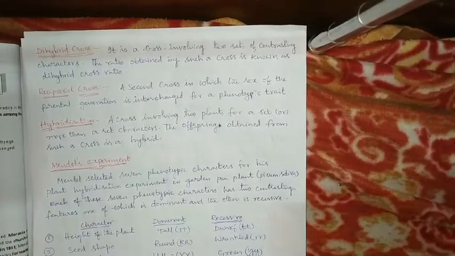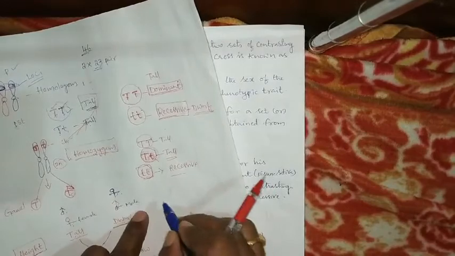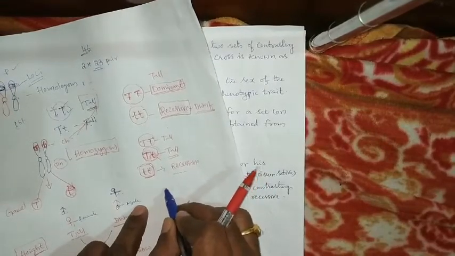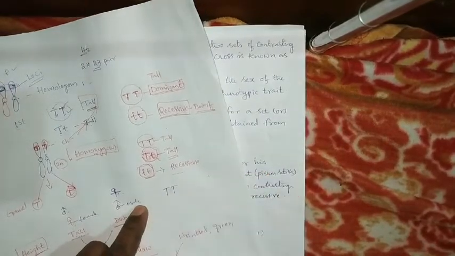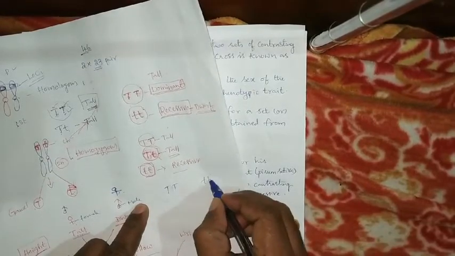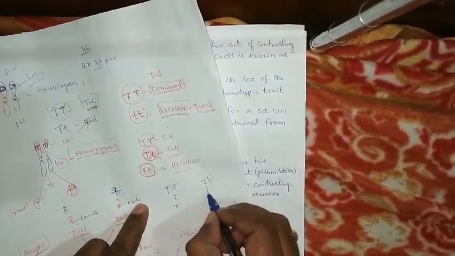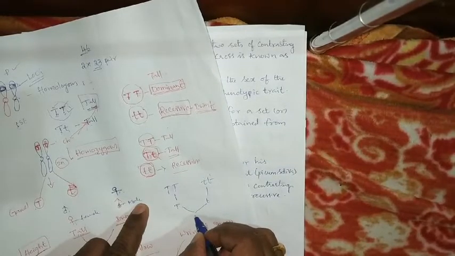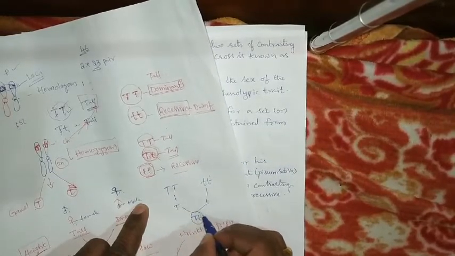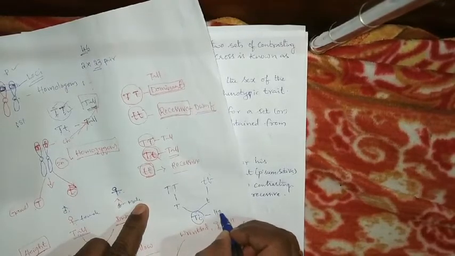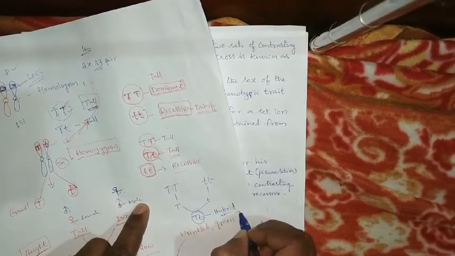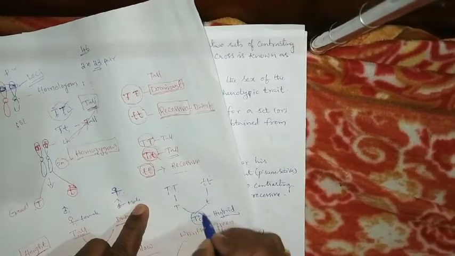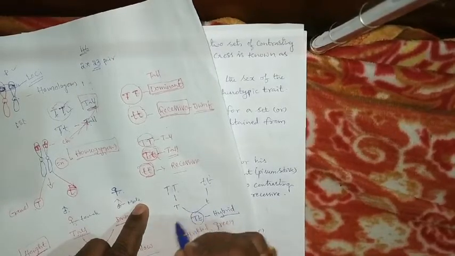For example, if we cross a tall and a dwarf plant, the gametes are capital T and small t. When these two gametes combine, we get capital T small t, one plant. This is called a hybrid. So two plants are crossed and finally hybrids are obtained. This is called hybridization.